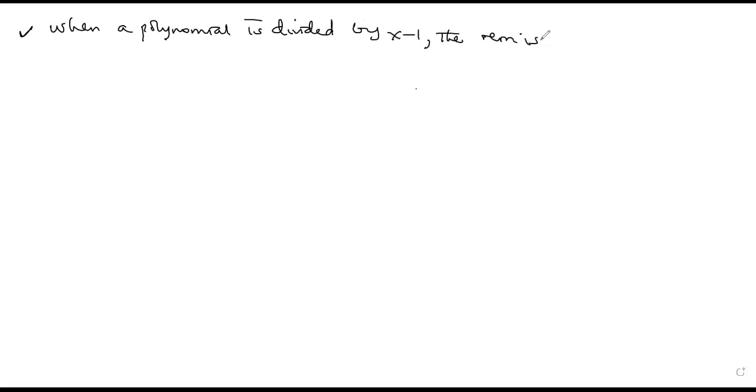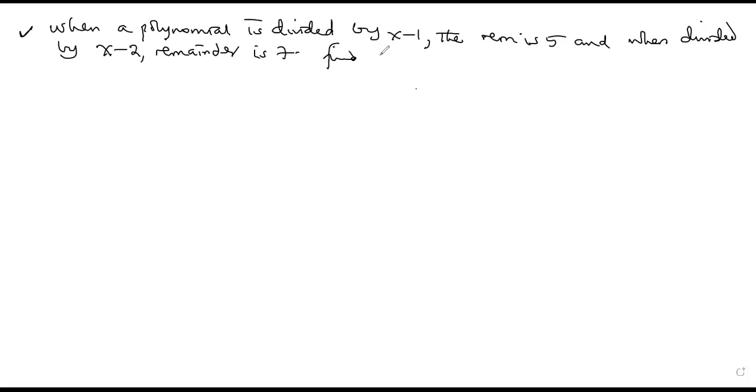You're going to do these 2 questions. When a polynomial is divided by x minus 1, the remainder is 5, and when divided by x minus 2, the remainder is 7.